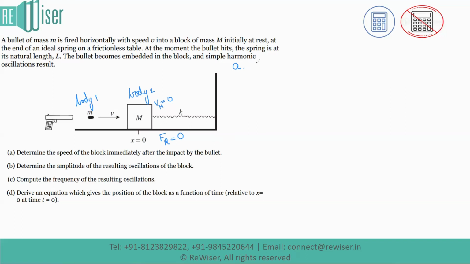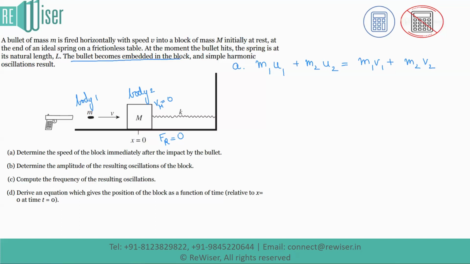When two bodies m1 and m2 with initial velocities u1 and u2 undergo a collision, changing their velocities, we write the equation as m1 u1 plus m2 u2 is equal to m1 v1 plus m2 v2.